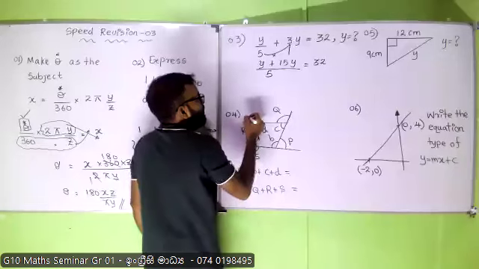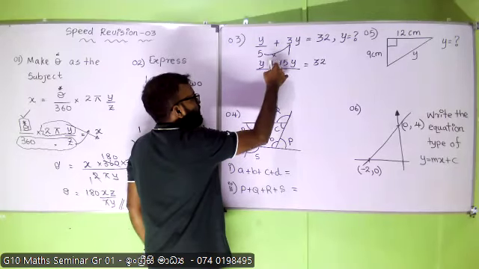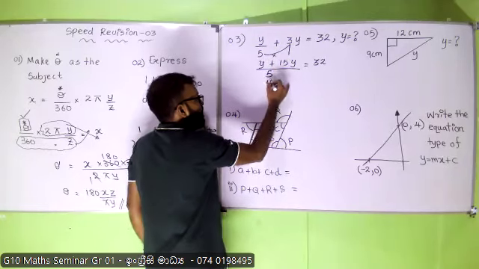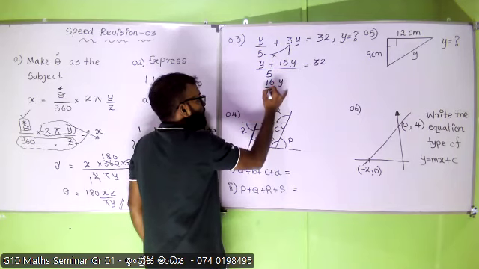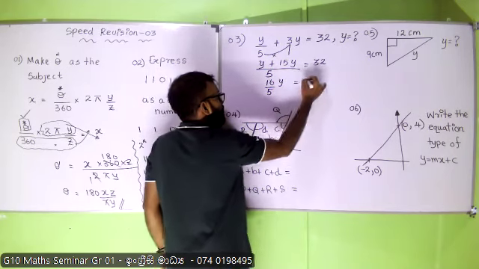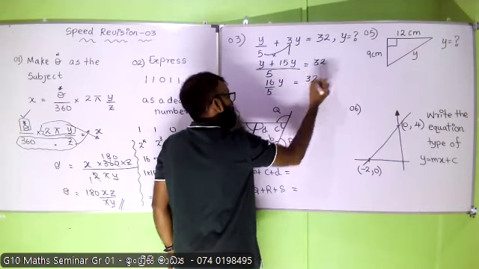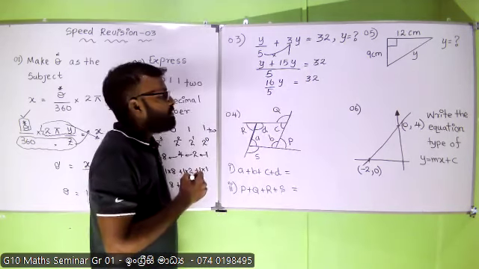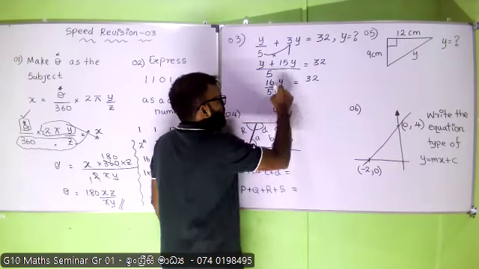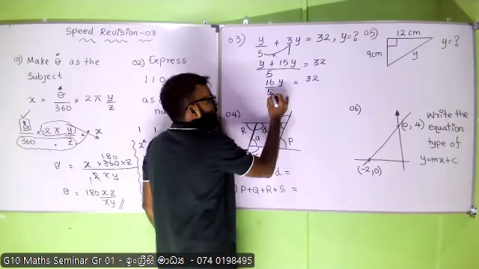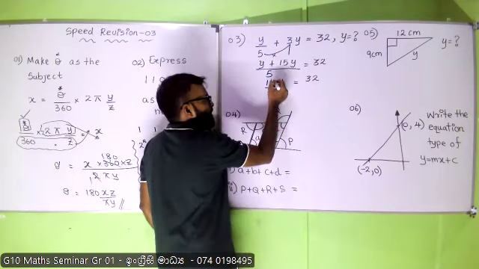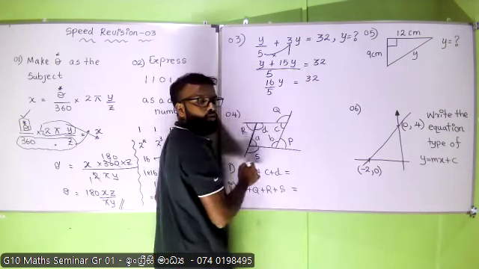Right? y plus 15y, 16y, divided by 5 equals 32. Got it? Right. So isolate y. Denominator goes to the numerator, numerator to the denominator.